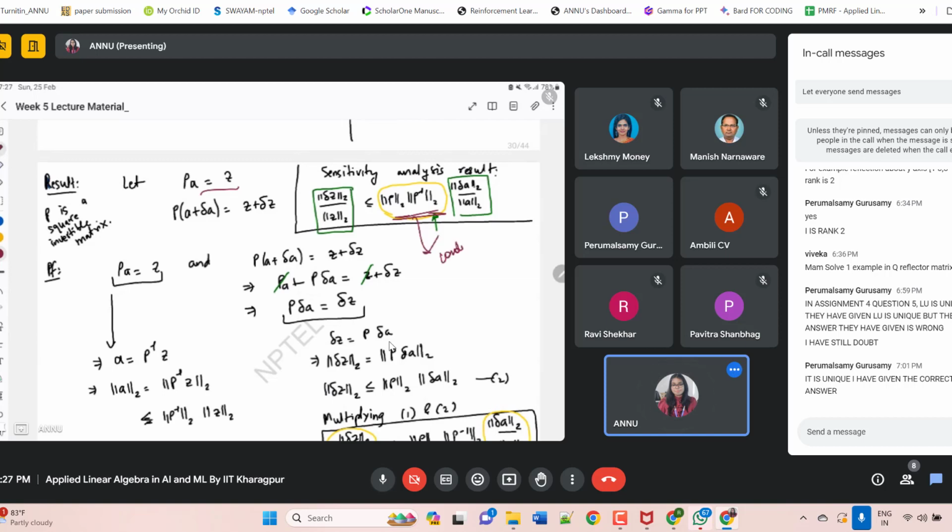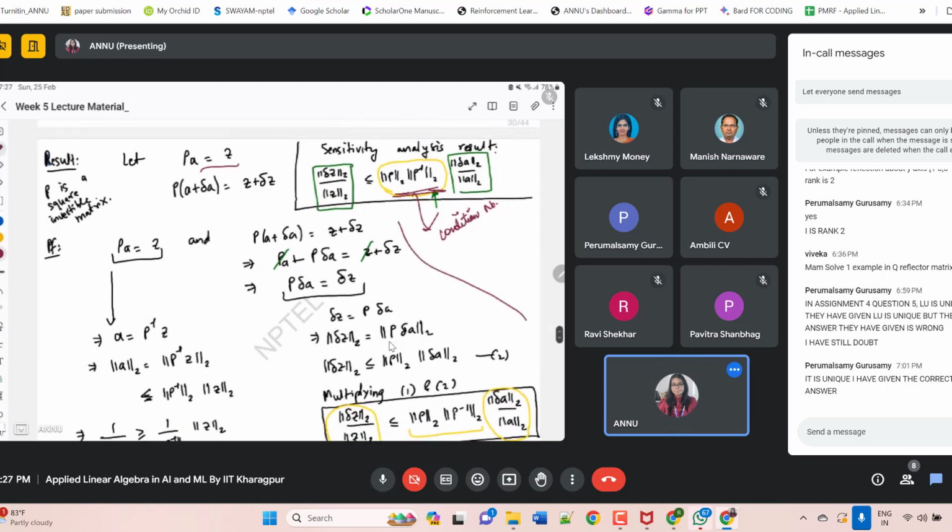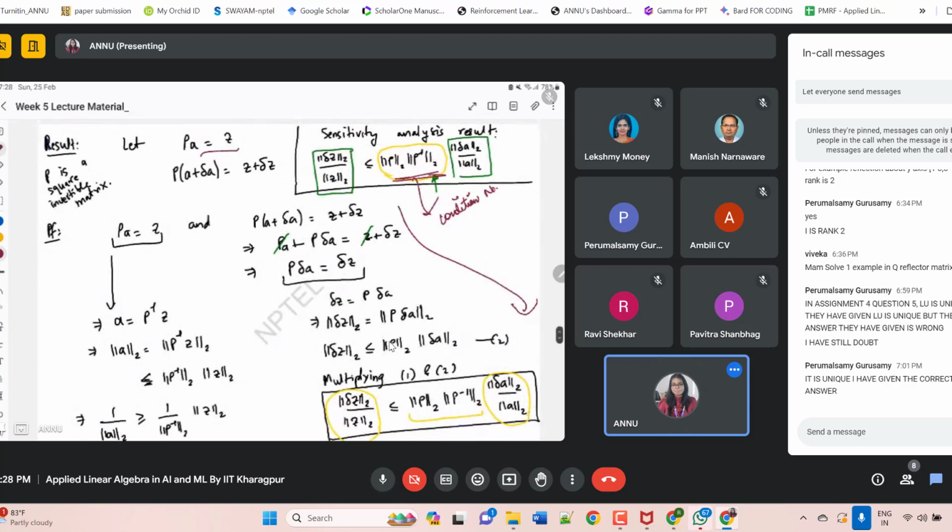So how does this result come into the picture? This is the proof, and it is very, very simple. Let's go very fast.